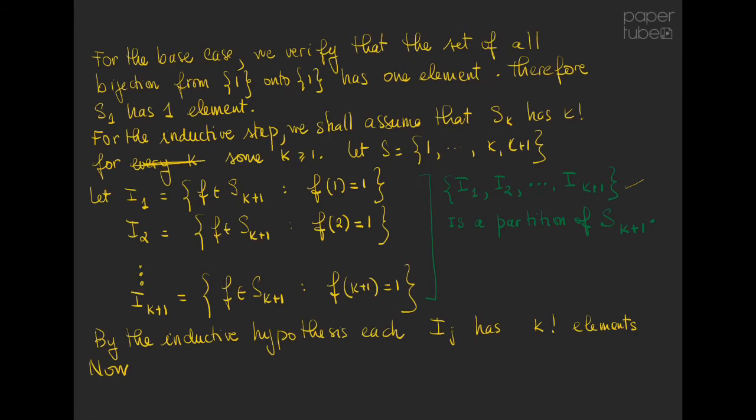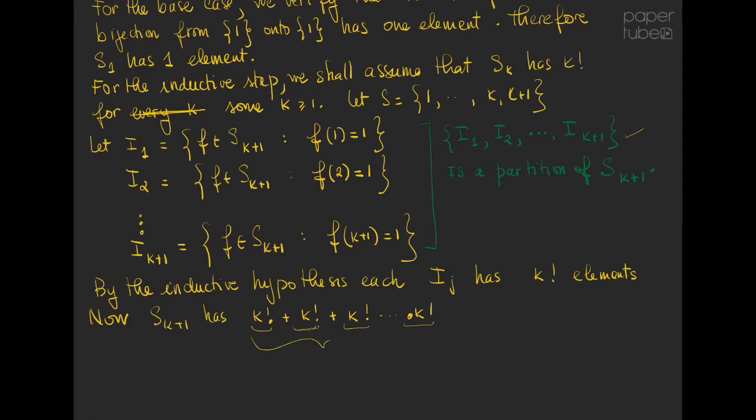Now, S(k+1) has how many elements? k factorial plus k factorial plus k factorial all the way till k factorial elements. Why? Because each one of these represents the number of elements: this is the number of elements in I1, this is the number of elements in I2, the number of elements in I3, all the way till I(k+1).